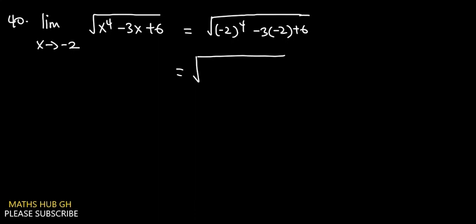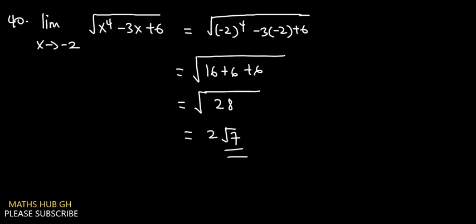Minus 2 to the power 4 will give us 16, and then minus 3 multiplying minus 2 will give us plus 6, and then you have plus 6 again. So at the end, you're going to have 16 plus 6 plus 6. Now you're going to have the square root of 28, and that will give us a value of 2 root 7. So that will be the answer for this question also.